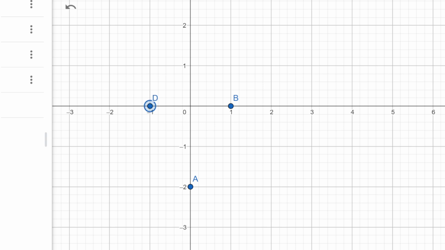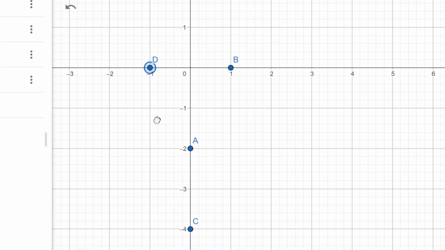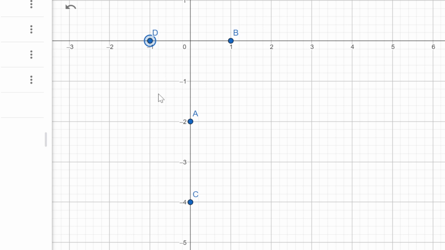Okay, we have marked both the points now, which are 0 comma minus 4 and minus 1 comma 0. So we have two points for each equation in the graph sheet. So let's join the lines and get both the equations. I'm just moving it up so that everyone can see it properly.